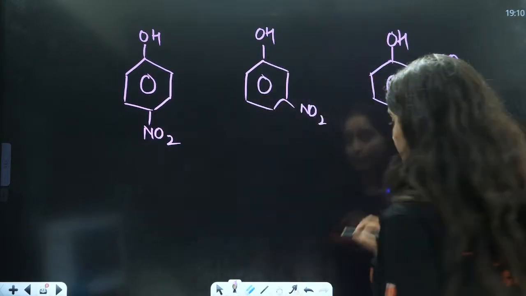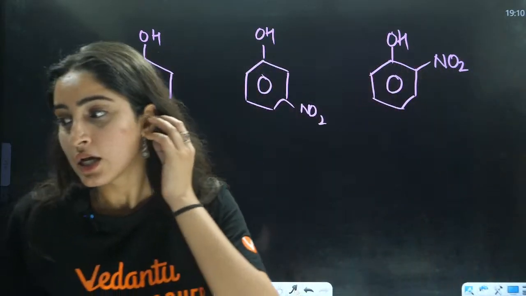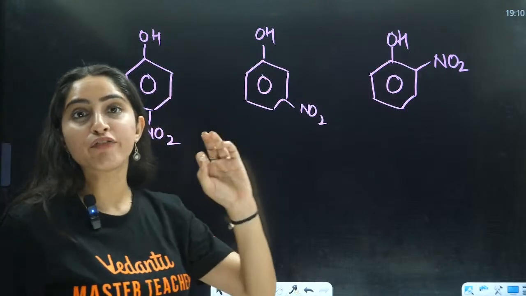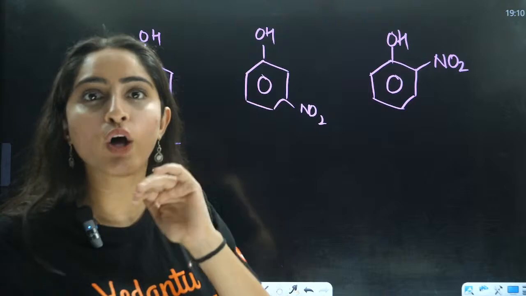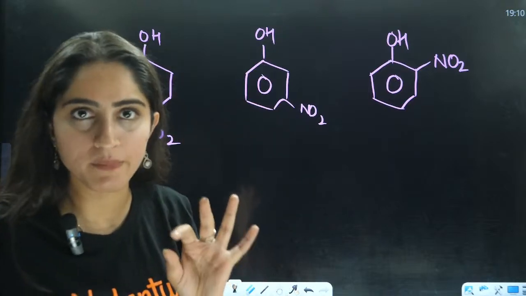Now, I don't know if you remember GOC or not, but I will try to recap this. The mesomeric effect is not applied on the meta position. It is only applied on the ortho and para position. That is a rule.